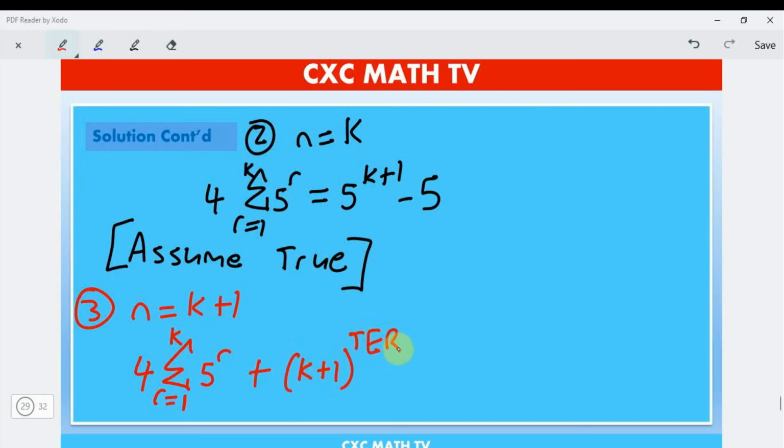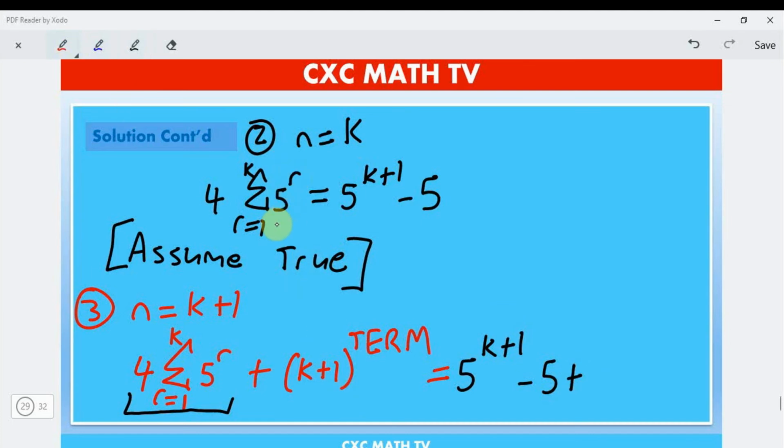Now what's the k plus 1th term? The k plus 1th term would be when we replace r with k plus 1. Remember, this right here is 5 to the k plus 1 minus 5, plus the k plus 1th term.